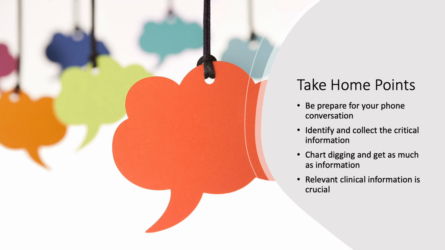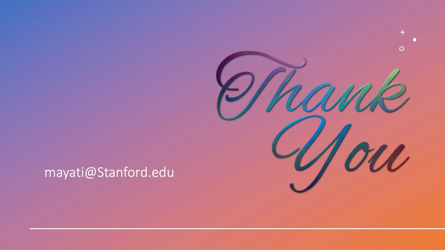You don't need to look at some other IDT meeting and all. No, you just need to know recent vital signs, recent change of medication, any recent labs, any recent new orders, any change of medications in the last 24 hours or something like that. Is there any order that came? For example, the patient went to an appointment today or yesterday and some new order came. Relevant information is extremely crucial.